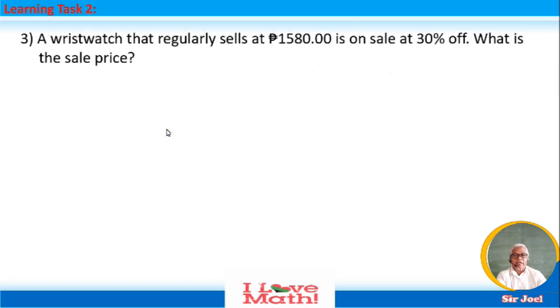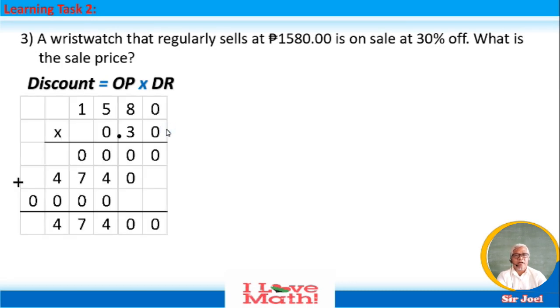Problem number 3. A wristwatch that regularly sells at 1,580 pesos is on sale at 30% off. What is the sale price? So, ano ngayon ang ating gagamiting formula? Discount, which of course is equivalent to original price times the discount rate. So, ngayon, paano natin isosolve?